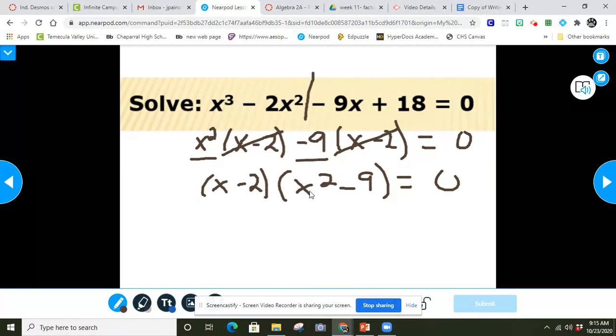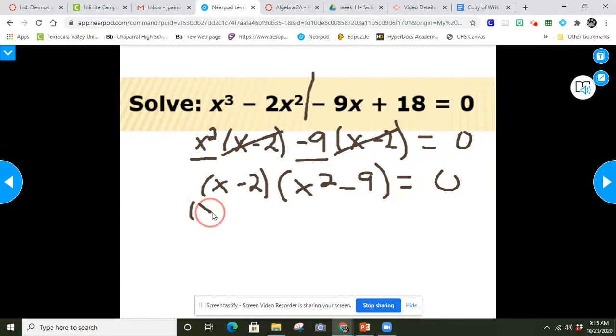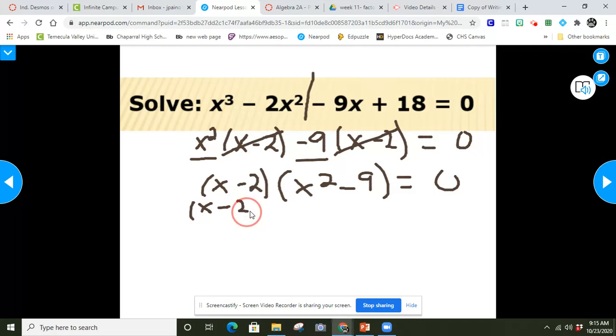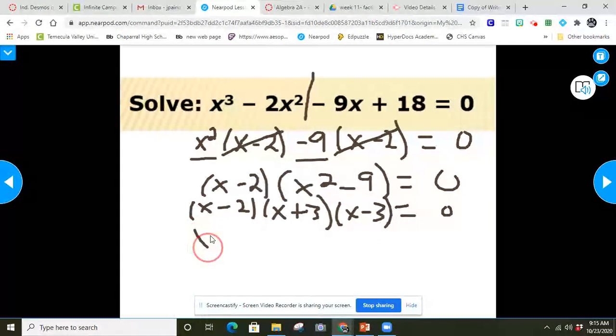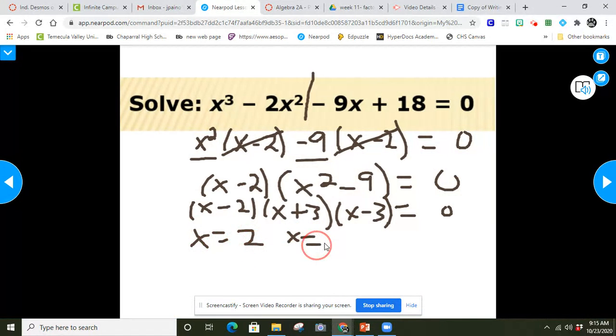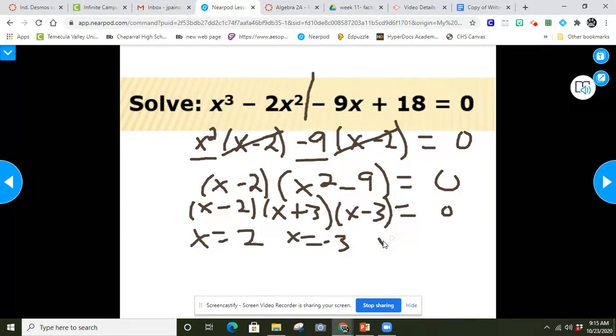I could technically keep going if it said to factor completely, because x squared minus 9 is the difference of two squares. So I could go x plus 3, x minus 3. You don't have to do that because this was a solve question, but you can. And so solving, my answers would be 2, negative 3, and positive 3.